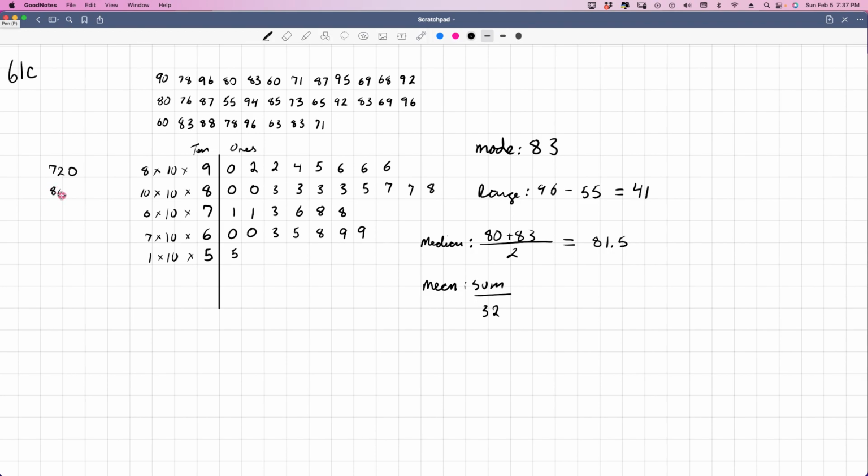That's going to be 800. 6 times 10, that's 60 times 7, that's 420. 7 times 10, that's 70 times 6, that's still 420. And 1 times 10 times 5, that's 50. And then we add all of those up. And we get, that's 9. Nope, that's 11. Carry 1. That's 16. 24. So 2,410 from the tens column, right?